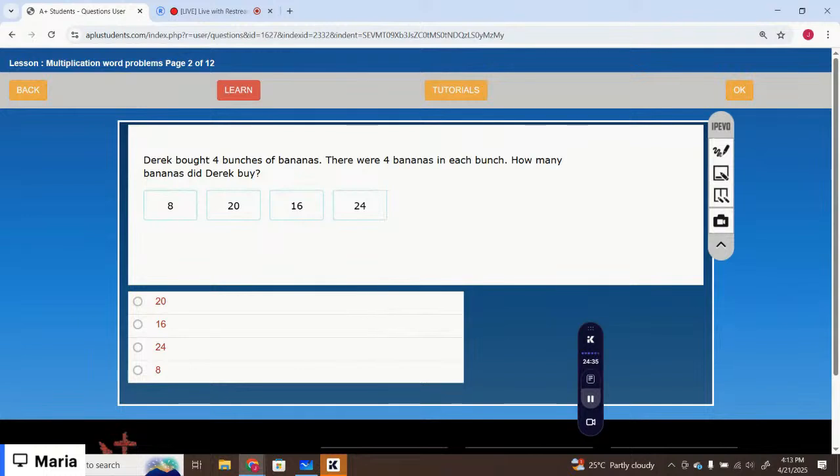Derek bought four bunches of bananas. There are four bananas on each bunch. How many bananas does Derek buy? So which is the correct option?